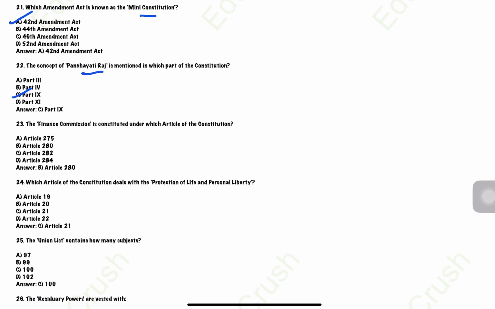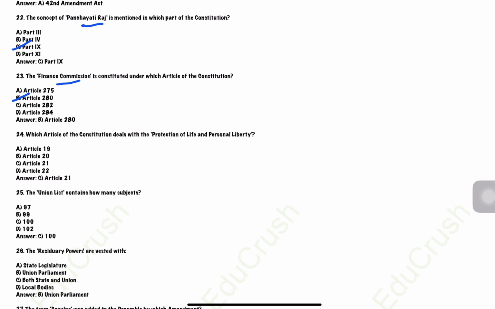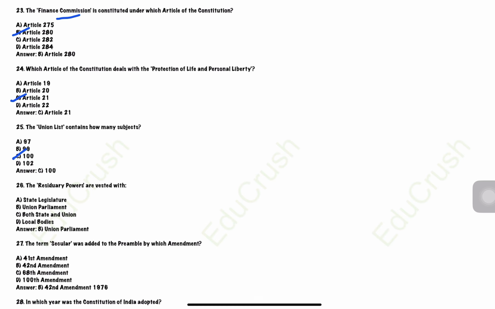The Finance Commission is constituted under which article of the Constitution? So Article 280. Which article of the Constitution deals with the protection of life and personal liberty? Article 21. The Union list contains how many subjects? So 100 subjects. The residuary powers are vested with Union Parliament.